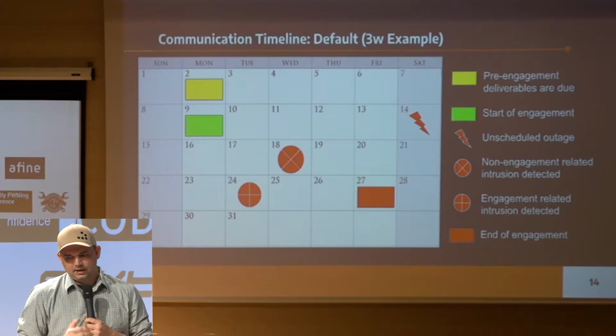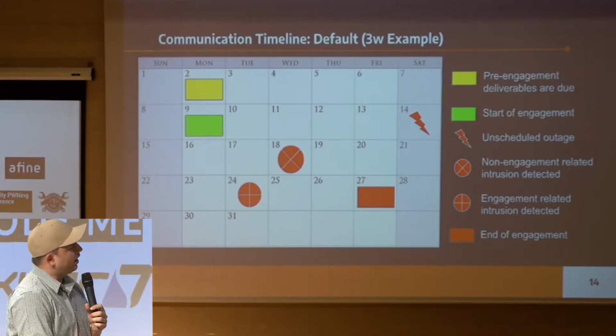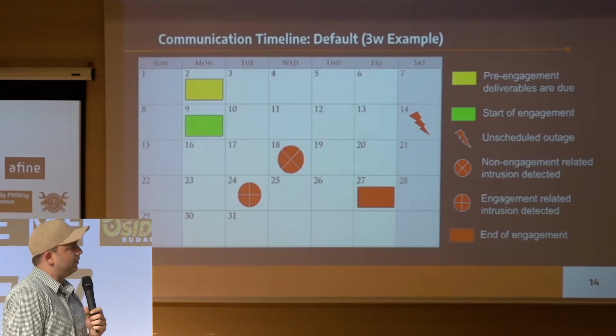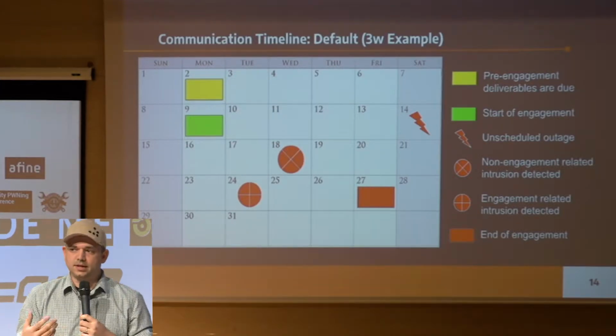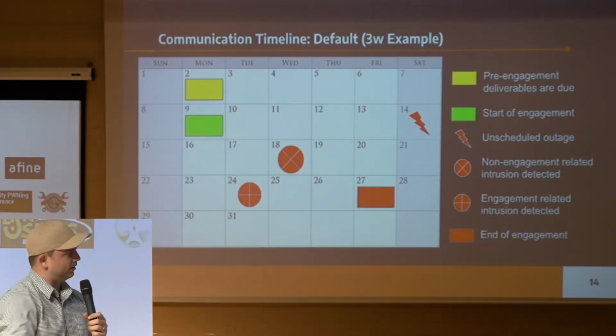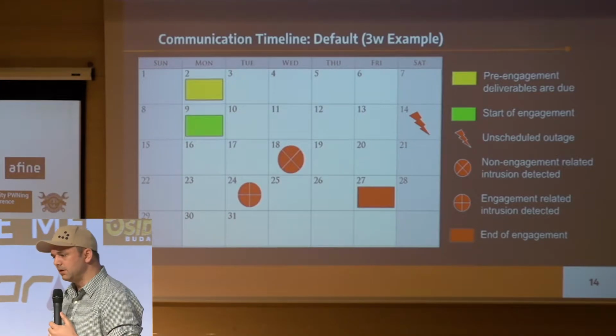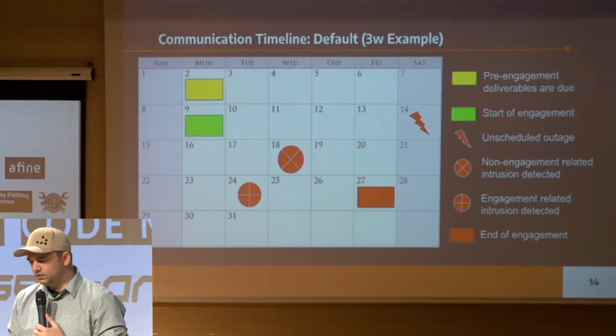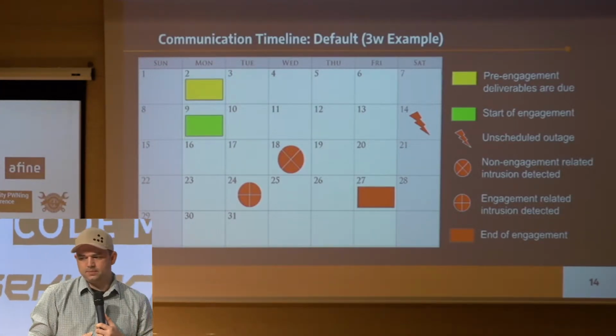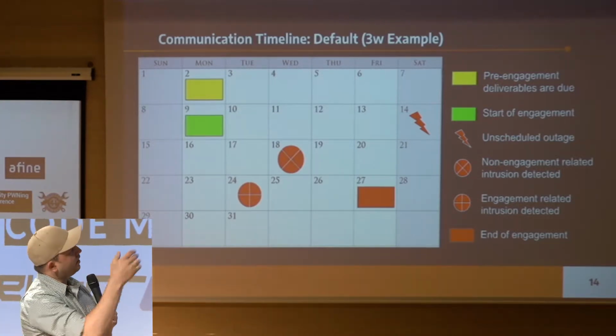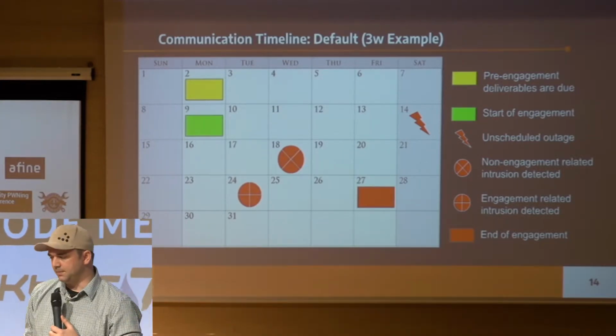Communication timeline. This is an actual timeline of a communication agreement that we had. This showed dates and times. Well, it showed times on the next page, but where agreements could happen. So pre-engagement deliverables due by. The engagement does not start if that yellow block does not get met.